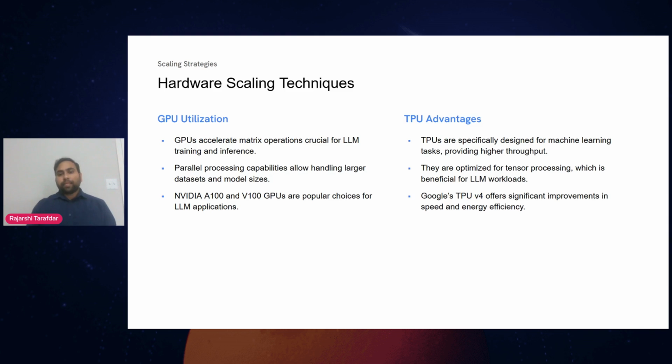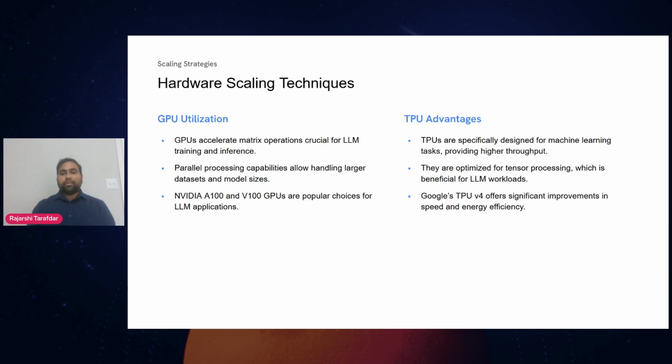And the TPUs are specifically designed for machine learning tasks. They will increase the throughput, and if your LLM is dealing with a large amount of data, they are optimized for TPU inference, and for tensor processing in particular.